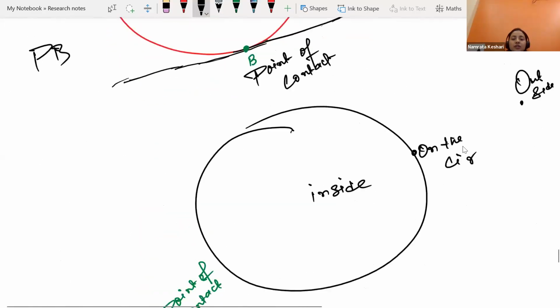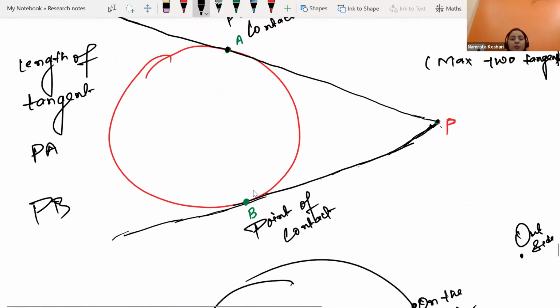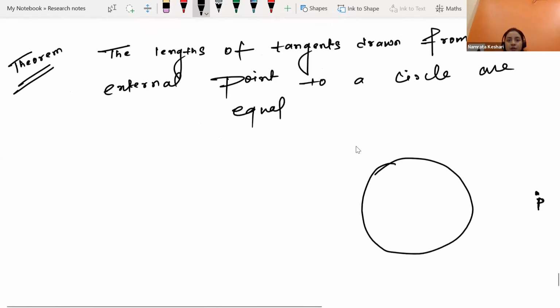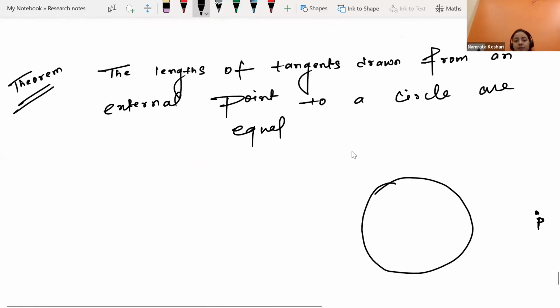Okay. Here, if you will draw the tangent properly, construction and all, if you will measure the lengths PA and PB, you will find that they are equal. Okay, and that's what we are going to prove here. So let's prove it. Let me draw the figure as the names and all are given in the book.